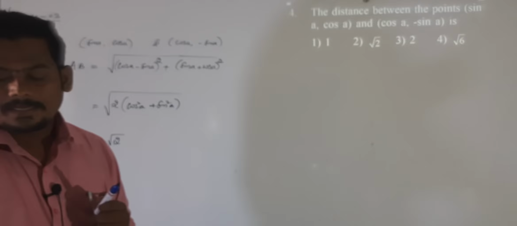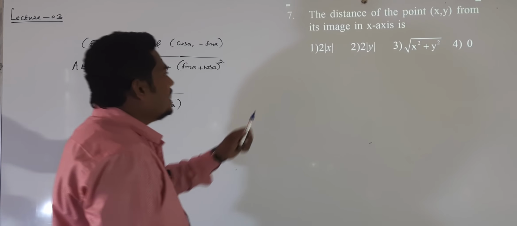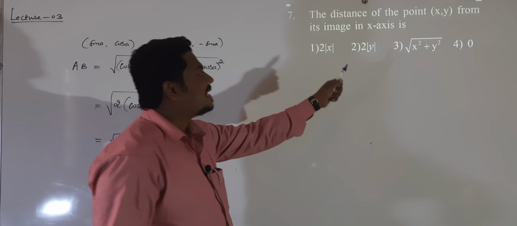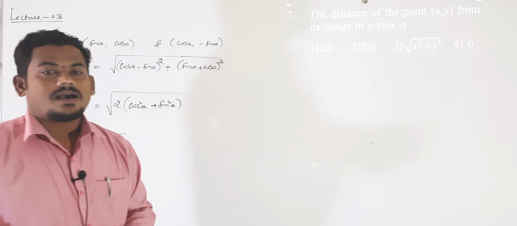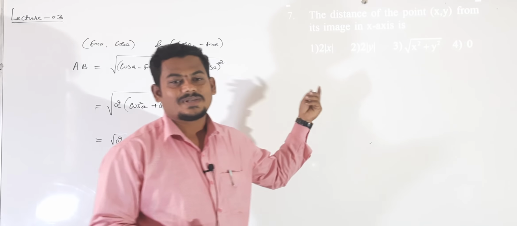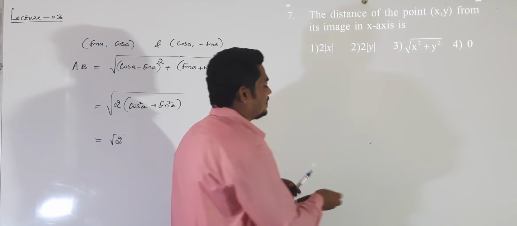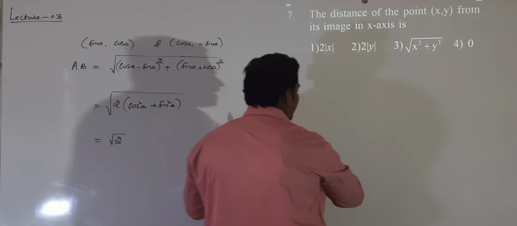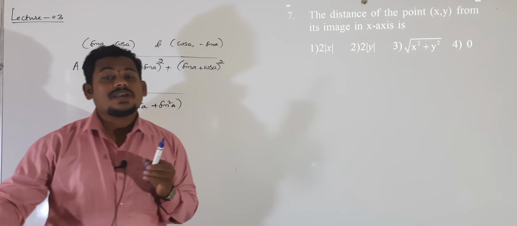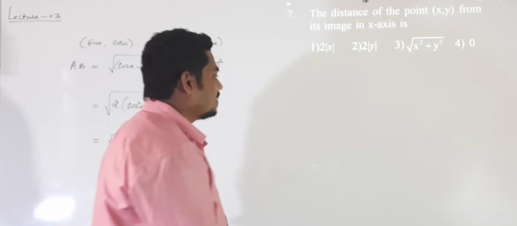Next problem. Next, 7th one. Distance of the point x comma y from the image in x axis is. I discussed this concept already in the bridge course: image of the point with respect to x axis, y axis and origin.